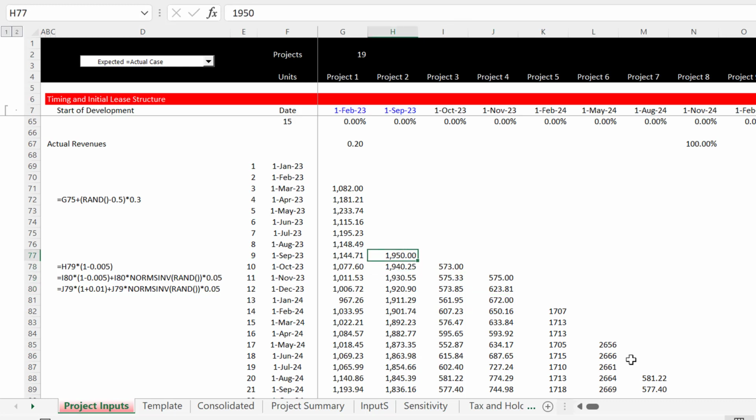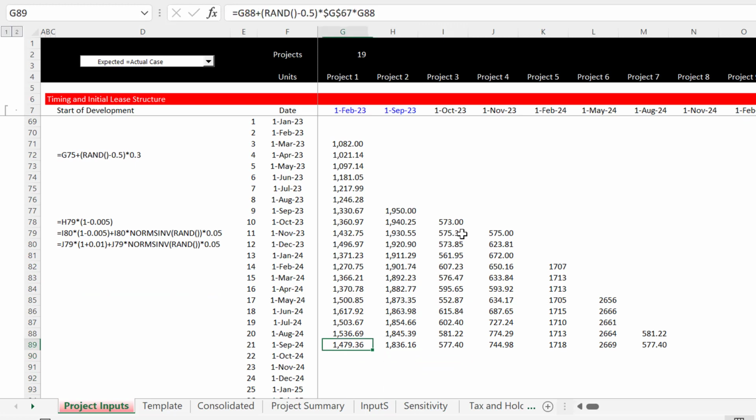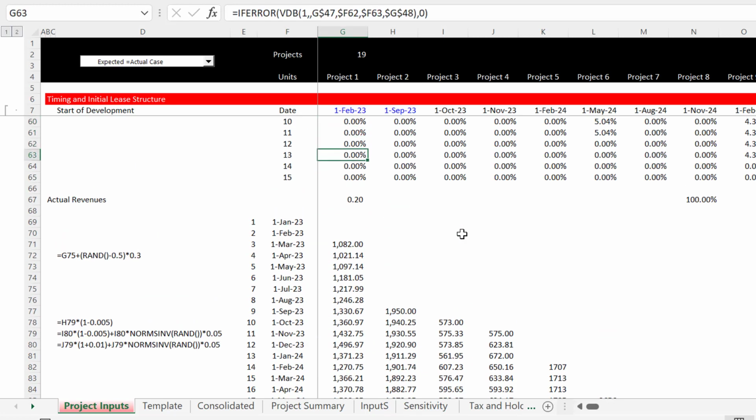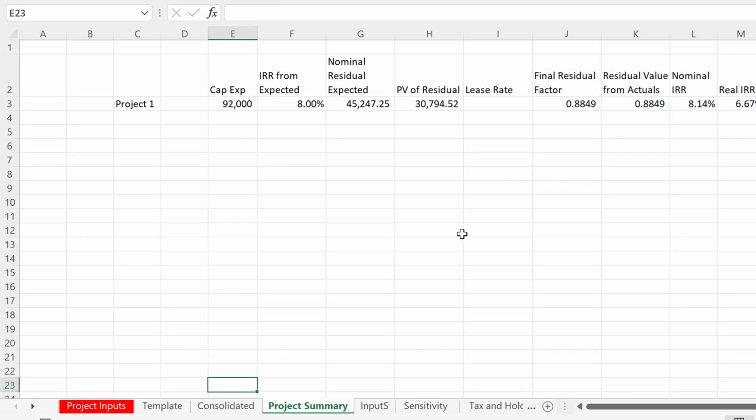And these are the dates the project started. You can see 1 September 23, and it's actually really 1 month after that. And so on and so forth. Then we get to 1 September 24, that's when we're finished. This doesn't depend on the project.